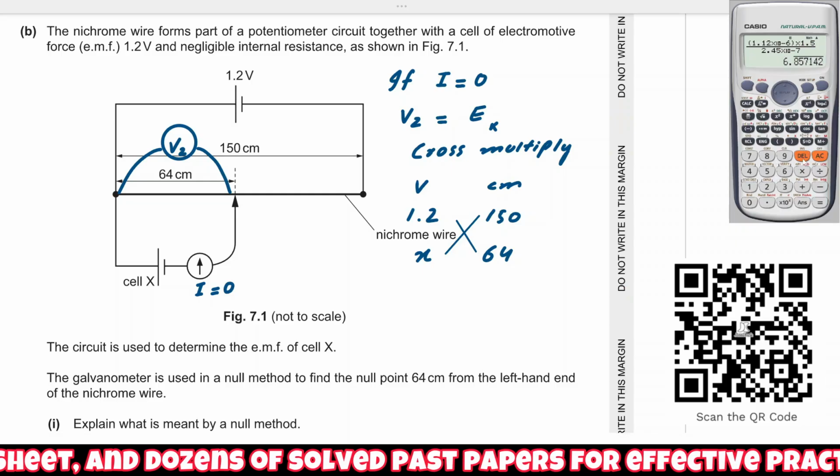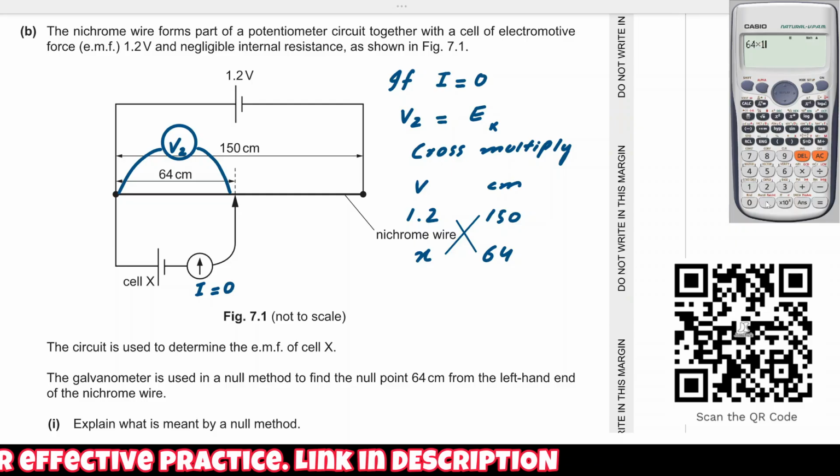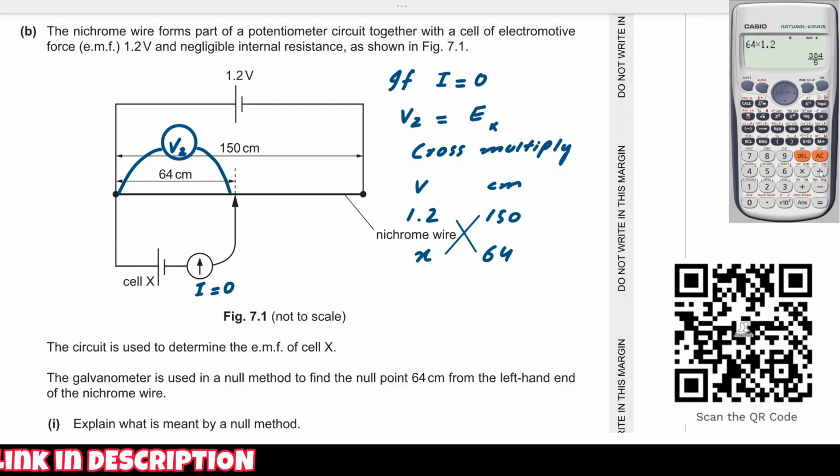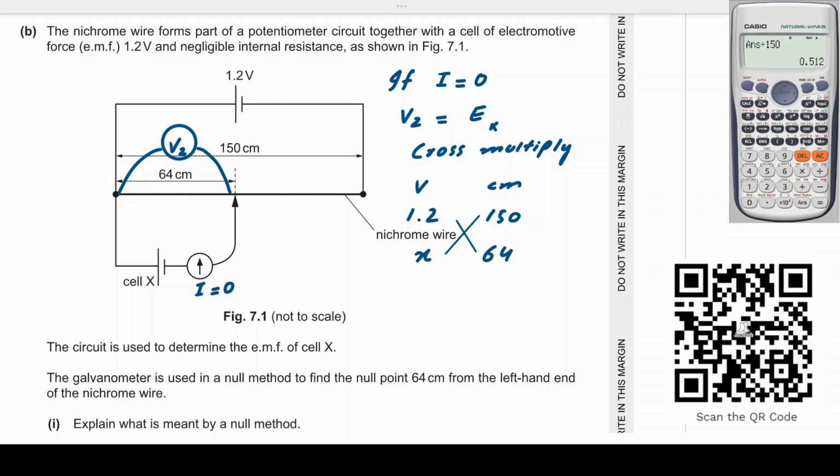Let me do it on the calculator. 64 times 1.2 divided by 150. So this thing is getting only 0.512 volts, slightly less than half, 0.512 volts across this one.